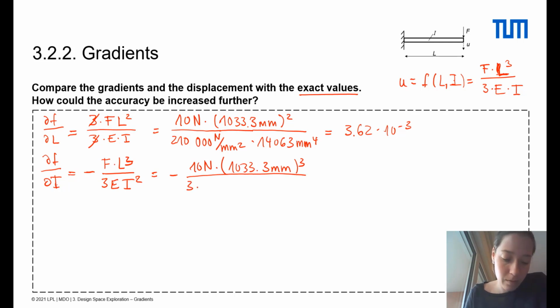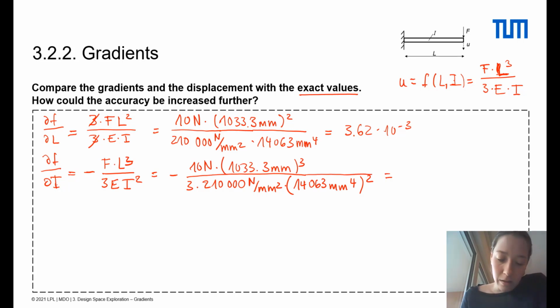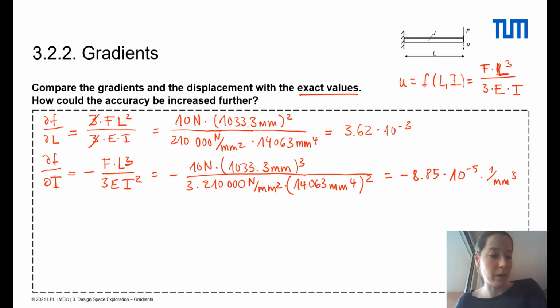Over two. Yep. And then we have minus 8.85 times 10 to the power of minus 5 and 1 per millimeter to the power of 3.